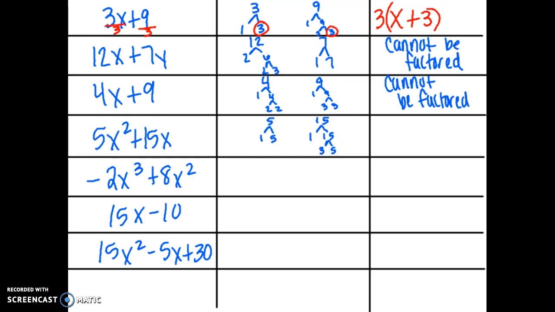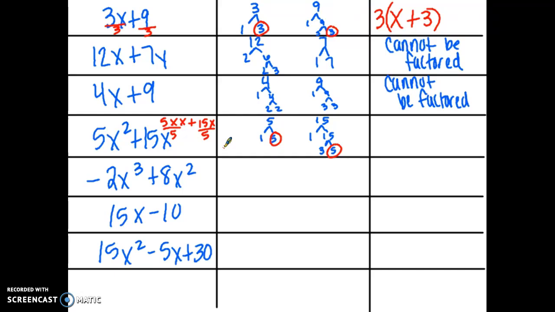The greatest common factor that these numbers have in common is 5. So I'm going to divide. x squared is x times x. We all know that. So 5x times x plus 15x. I'm dividing both of these by 5.